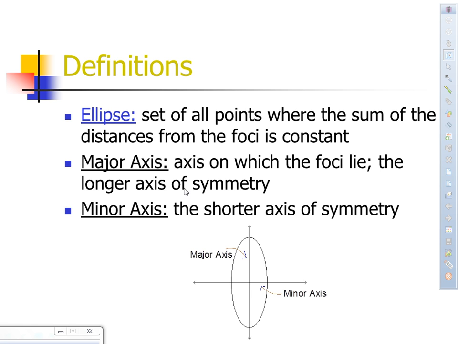So that's the major axis, the long axis. Then the minor axis is the shorter of the two. Mainly I would just jot down the graph, and again, an ellipse is an oval shape.